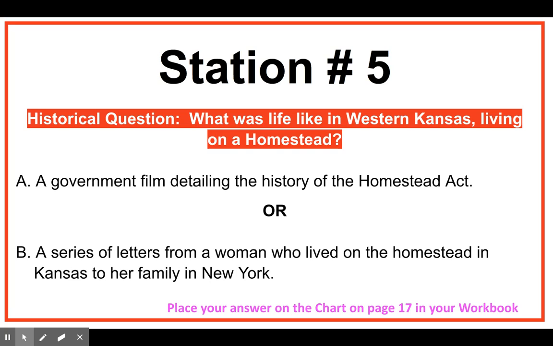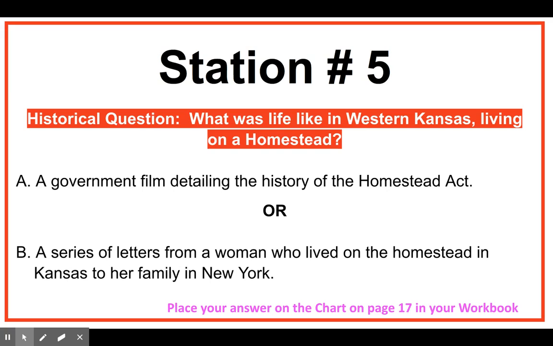She's writing letters to her family in New York. So source A is the government film and source B are the letters. So you're going to stop the presentation and you're going to type in your responses in the chart on page 17 on the top, station 5. Okay, so stop and then press start when you're done.